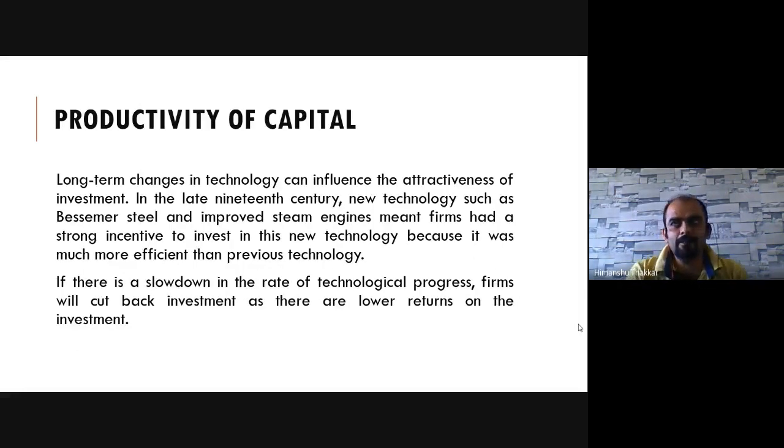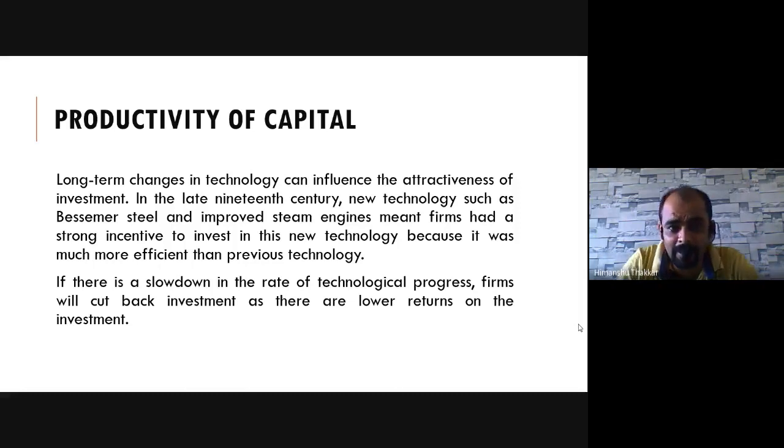And the next factor that affects the investment decision is the productivity of capital. Long term changes in technology can influence the attractiveness of investment. In the late 19th century, new technologies such as Bessemer steel and improved steam engines meant firms had a strong incentive to invest in this new technology because it was much more efficient than the previous technology.